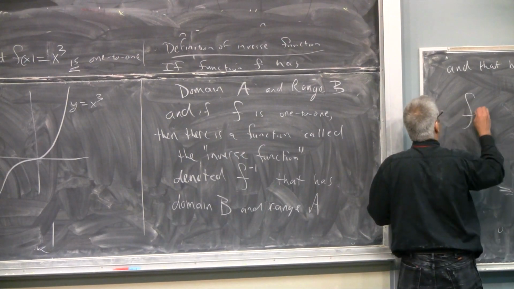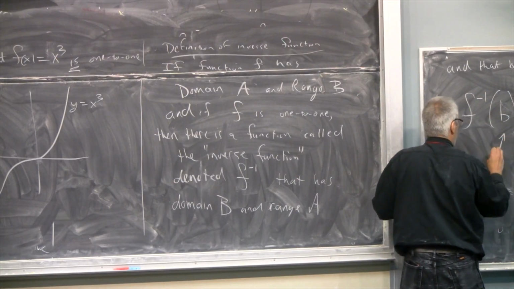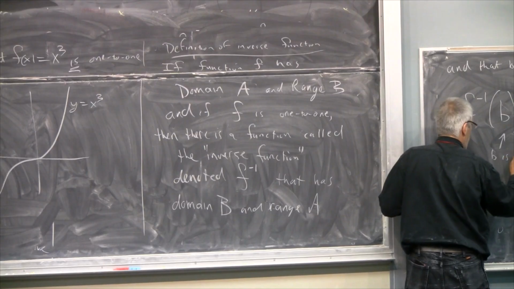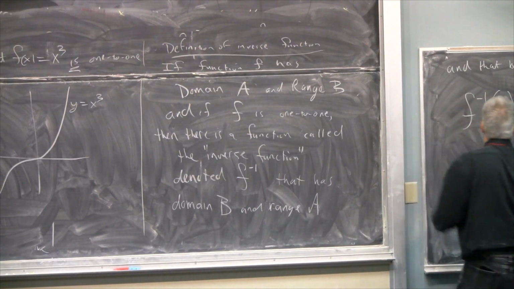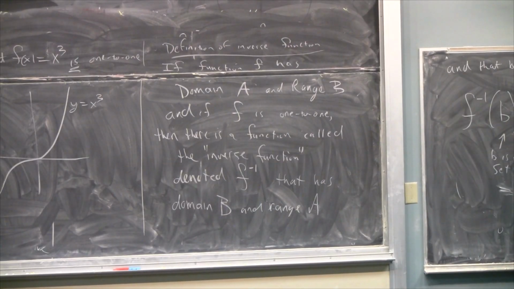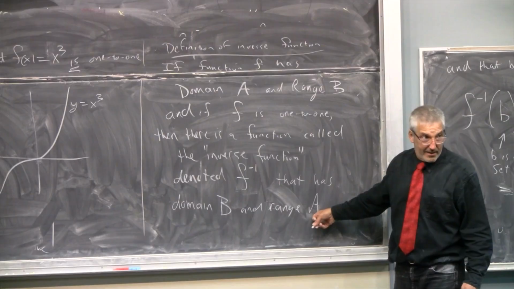So f inverse of little b, where little b is in the set capital B, what's going to come out is this letter a. That's something that comes out of the f inverse function, so that's going to be something in the set capital A.